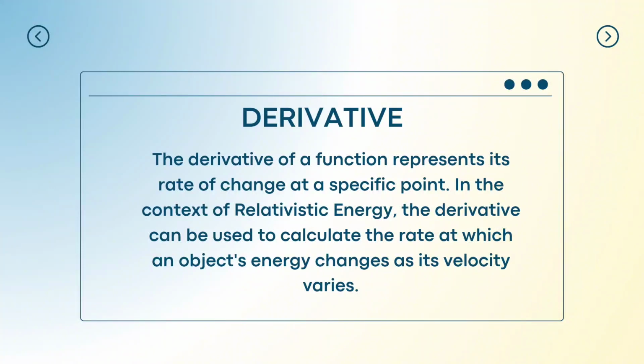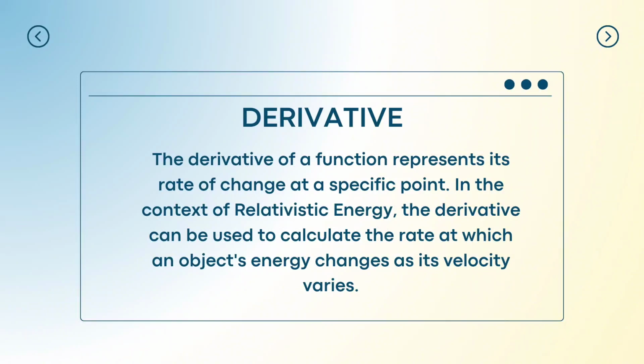The derivative of a function represents its rate of change at a specific point. In the context of relativistic energy, the derivative can be used to calculate the rate at which an object's energy changes as its velocity varies. For example, let's consider a particle with relativistic energy function E that depends on its velocity v.